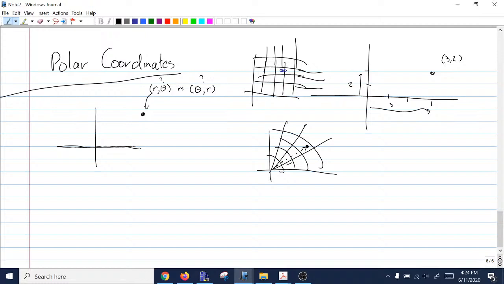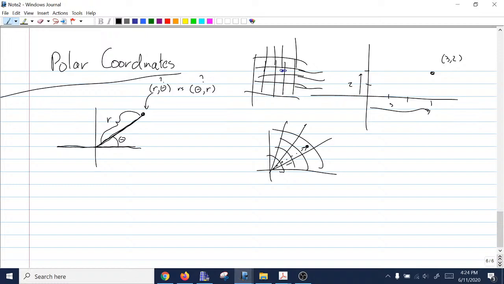So I will specify a point in the plane by saying let theta be the angle to that point in standard orientation, and let r be the distance you travel to get to that point.